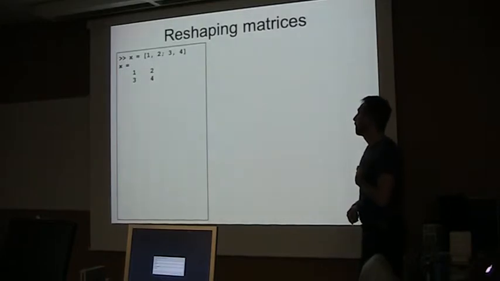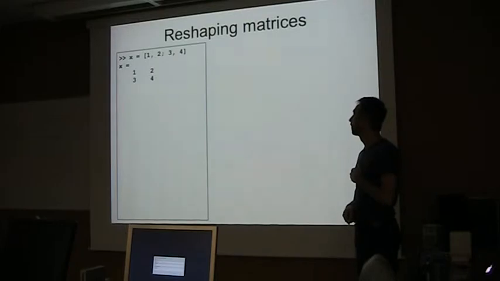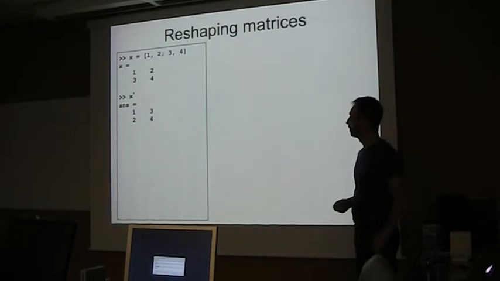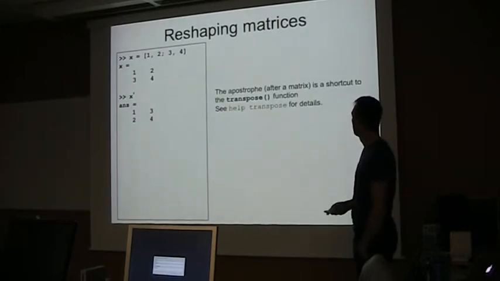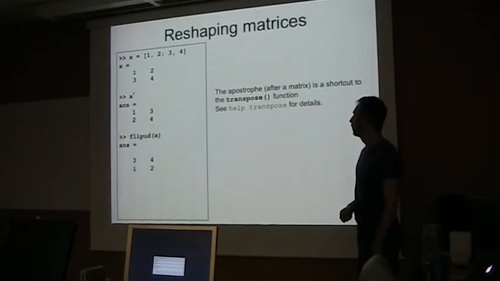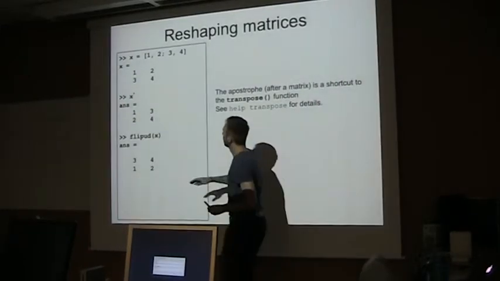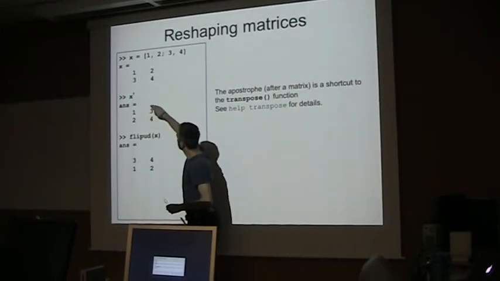So, if you have a matrix X, which has 2 rows and 2 columns, we can turn it by simply adding this little apostrophe. Yeah? So X prime is actually X turned around. It's a shortcut for the function transpose. We can also use other functions, which are flipud.